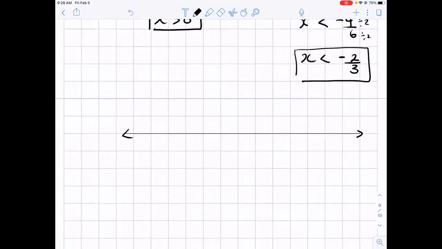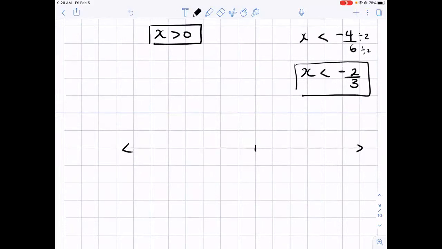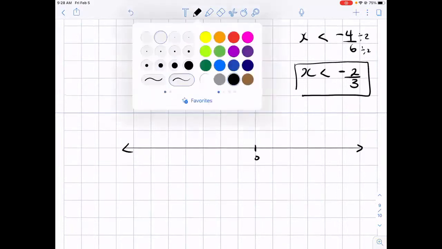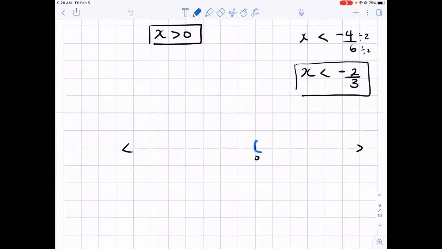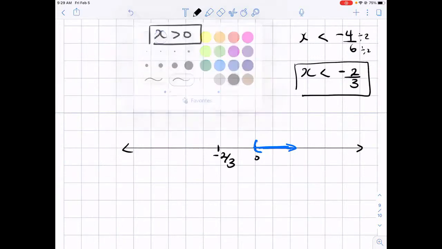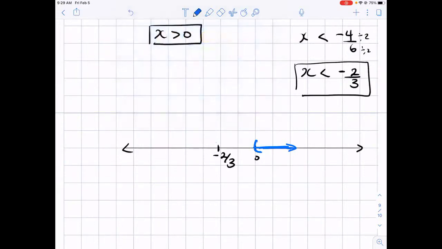If you look at the graphical solution, x is greater than 0, meaning parentheses, and we go from 0. And then from negative 2/3, not 3/2, negative 2/3. Remember I said we don't really care to know exactly, it will be somewhere on the left. It's less than, so that means we have to go towards the left.